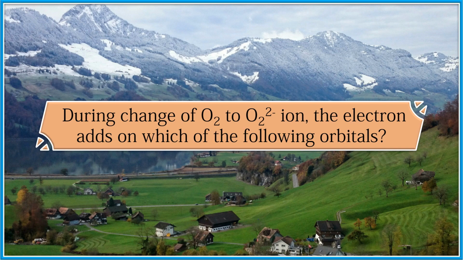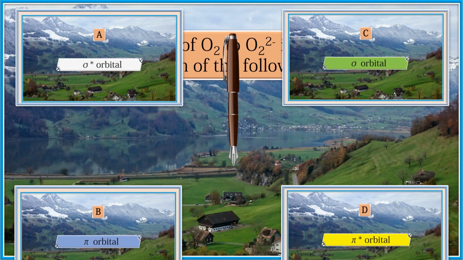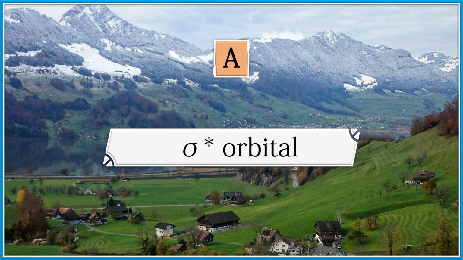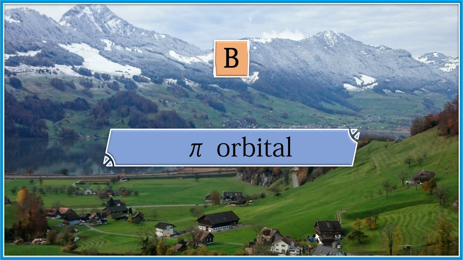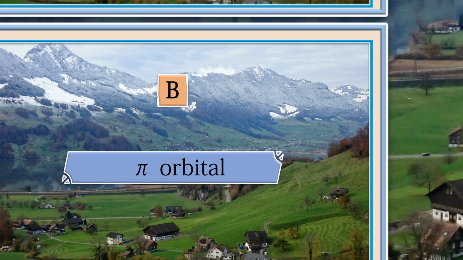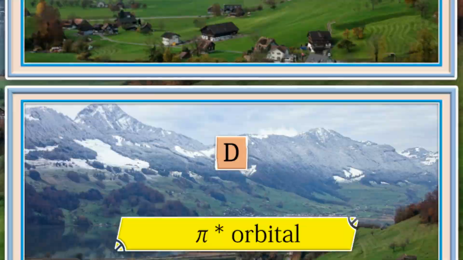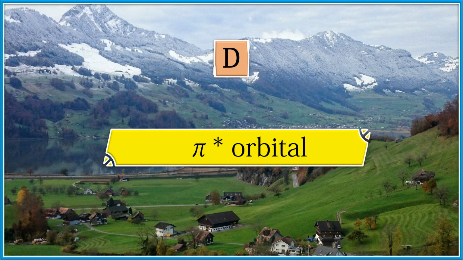During the change of O2 to O2 2- ion, the electron adds on which of the following orbitals? Sigma star orbital, pi orbital, sigma orbital, pi star orbital.